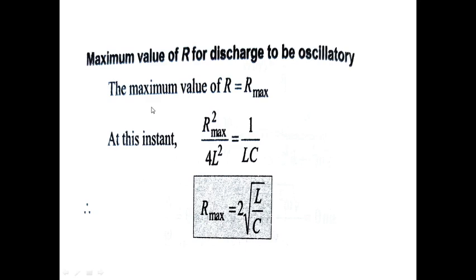For that, let us use R equal to R maximum, the maximum value of resistance. At this instant we get R maximum square upon 4L square should be equal to 1 upon L into C. Simplify, then R maximum becomes equal to twice under root L upon C. So this is the maximum value of resistance. If this value is used in a circuit, then that discharge will be oscillatory. So this is the condition.